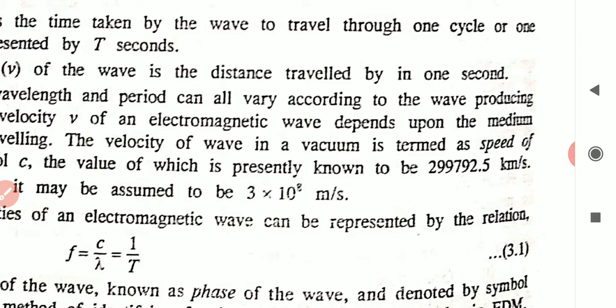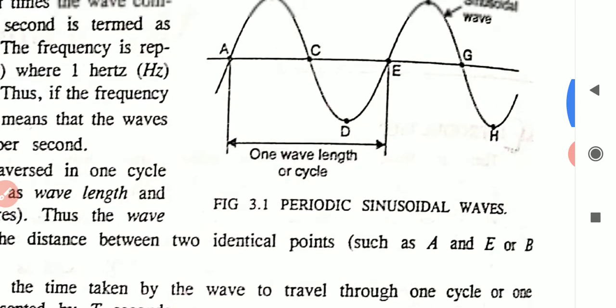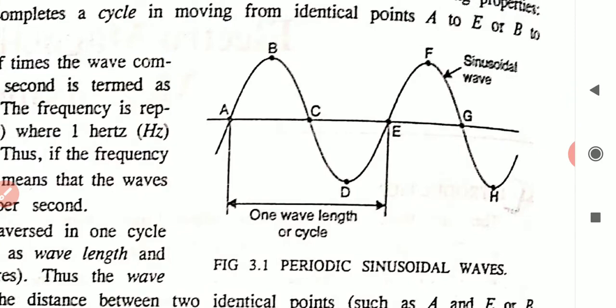The third property is the length traversed in one cycle by the wave, termed the wavelength. Wavelength is nothing but the length traversed in one cycle by the wave, and it is denoted by lambda, in meters.